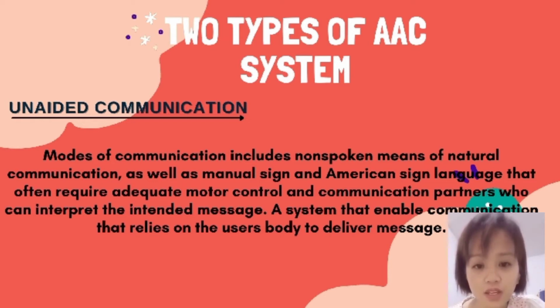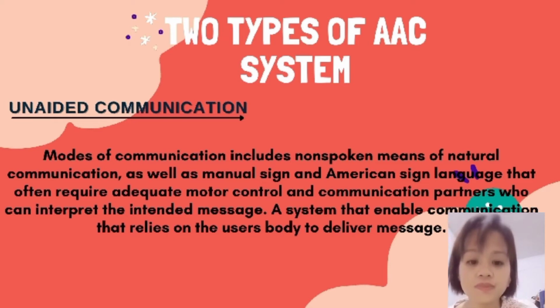Unaided communication is a mode of communication that includes non-spoken means of natural communication as well as manual signs and American Sign Language that often require adequate motor control and communication partners who can interpret the intended message.